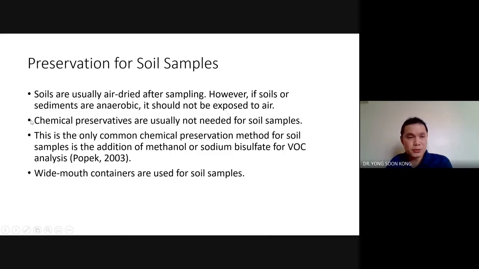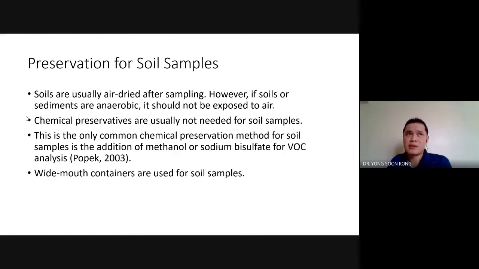Now, in order to preserve the state of the chemicals, the state of the analytes, the compounds, the pollutants that you want to analyze, you need to know what kind of compounds you are dealing with. And fortunately, there is a guideline. Depending on what pollutants you're dealing with, there are many guidelines that you can get, and these depend on the authority.